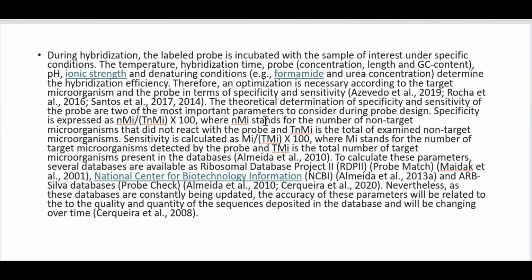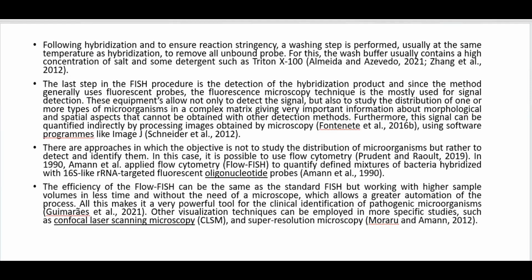Second is the hybridization step. Then third, after hybridization, what is important is detection of the hybridization product. So the fluorescent probes, if there are very few bacteria in a given sample, the fluorescence will be less, right?